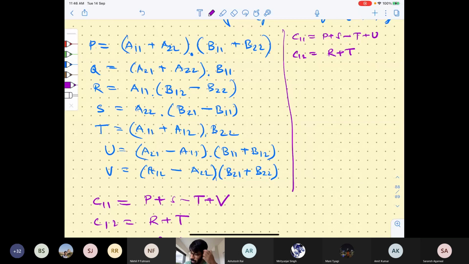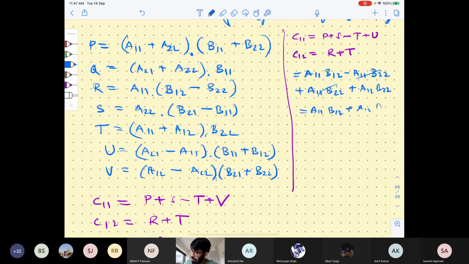So R plus T is A11 B12 minus A11 B22 plus A11 B22 plus A12 B22, and A11 B22 gets cancelled. So A11 B12 plus A12 B22, which is what is needed. So this is also fine. You get C12 also correctly.